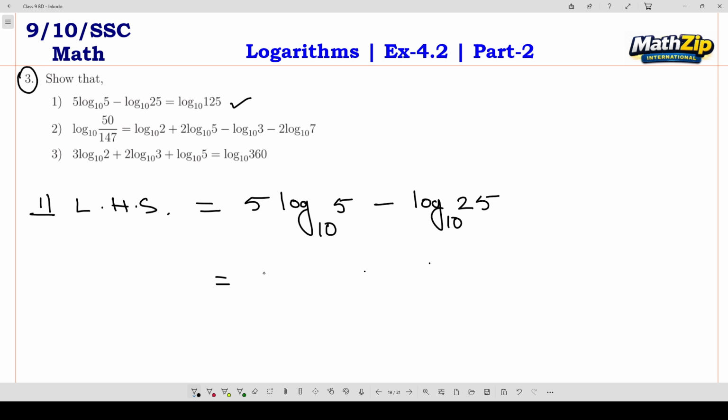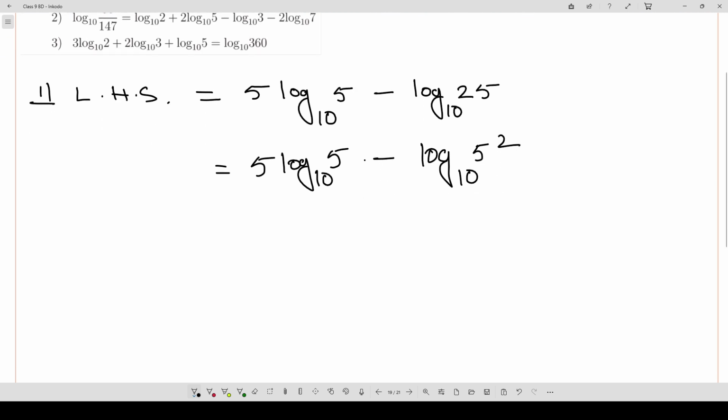The first term, 5 log 10 base 5, will be unchanged. Minus log base 10, these 25 we can write as 5 square, right? It's a very simple thing. Then 5 log 10 base 5 minus these two can be written like 2 log 10 base 5.